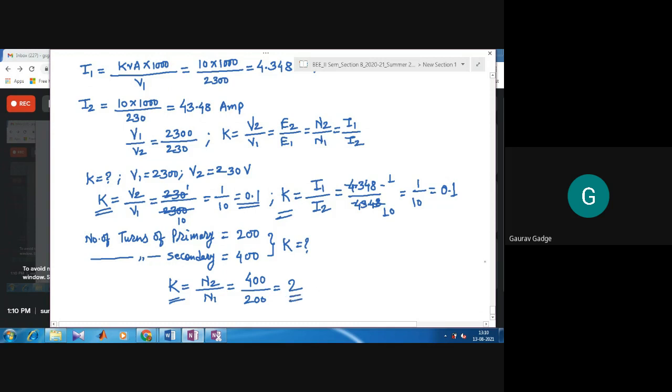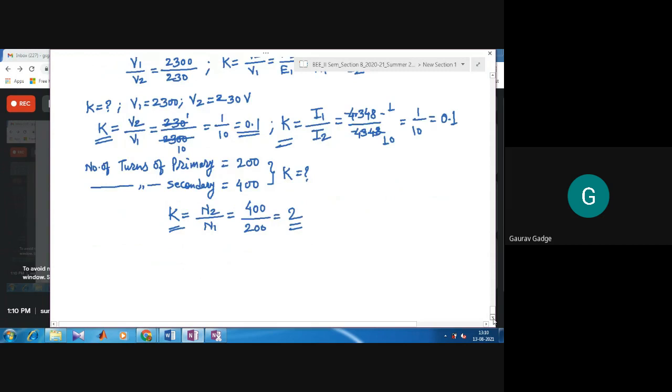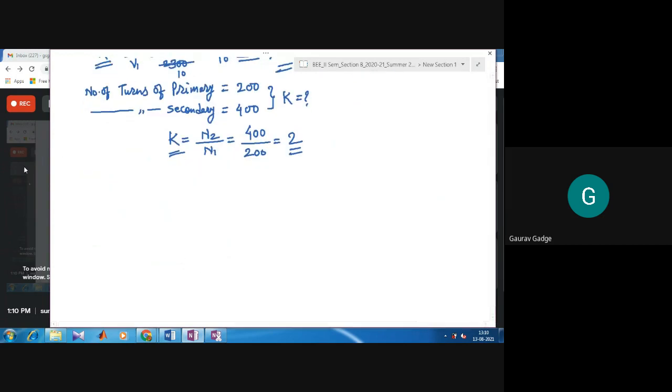Okay. If I say the value of voltage on primary side is 230 volts and the value of voltage on secondary is 460 volts, what is the value of K? K is equal to V2 upon V1 is equal to 460 upon 230.